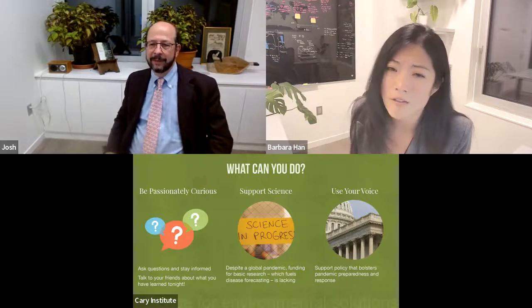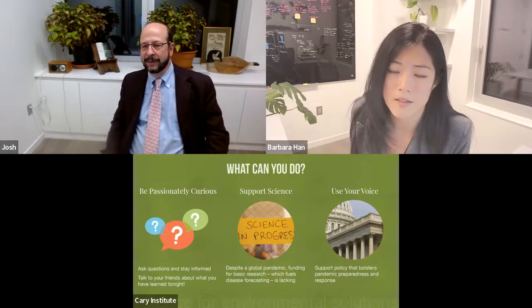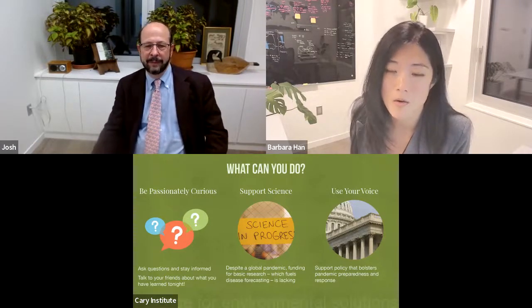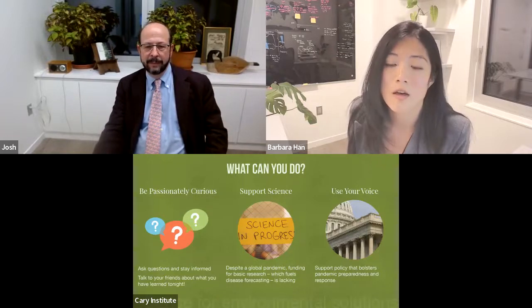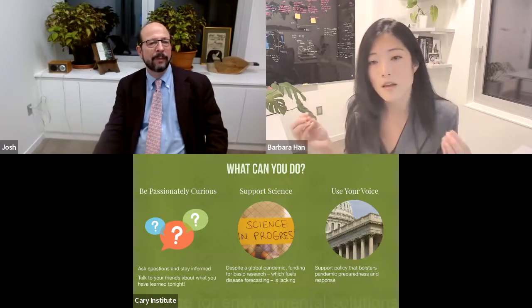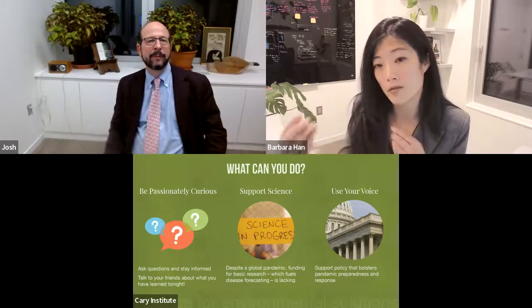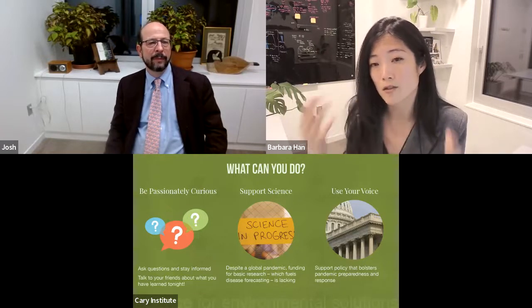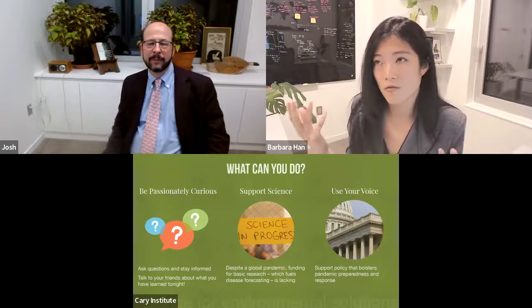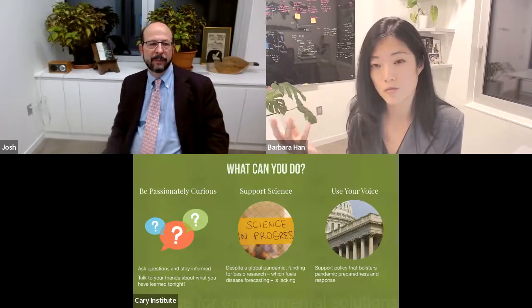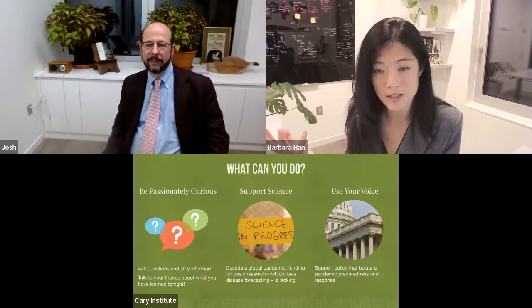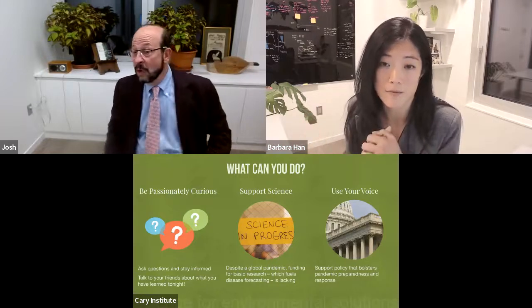We need all of the creativity that we can bring to bear on these questions, because they are so complex and they require us to reach across disciplines and solve problems from multiple different angles. So for students who are interested, don't feel like it's an unapproachable field. It really does require your creativity and gusto and commitment.